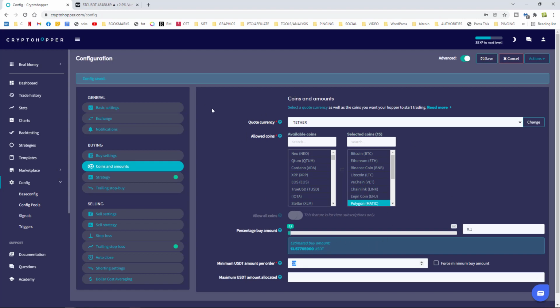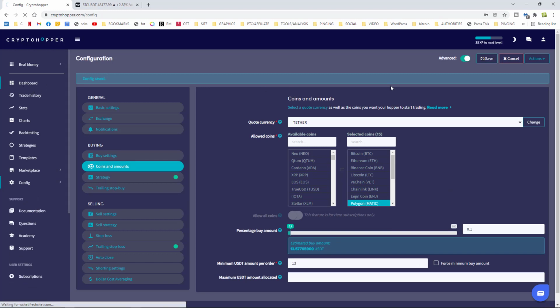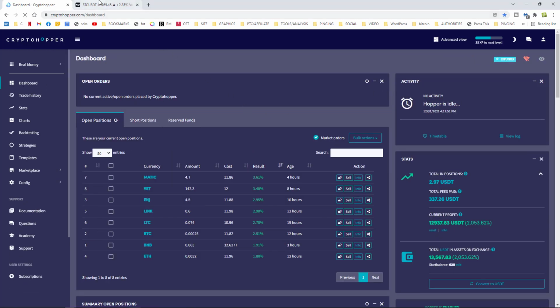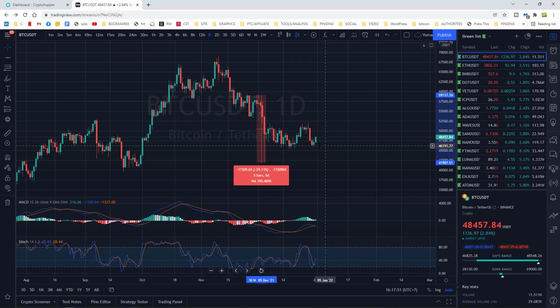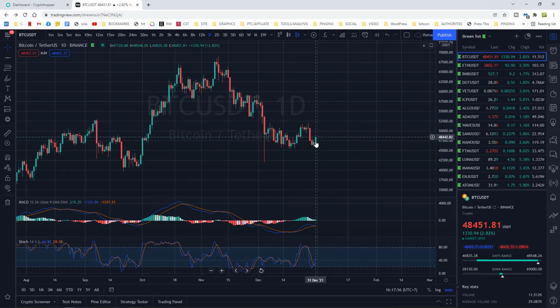Now I'm being very careful right now, like I mentioned earlier, because I really don't know what Bitcoin's doing. It's looking a bit more promising right now because of this little pump here.